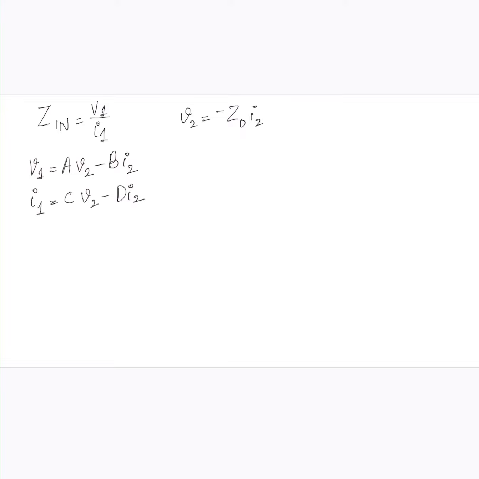So Zn is equal to V1 by I1, which will be equal to A into V2 minus B into I2 divided by C into V2 minus D into I2.